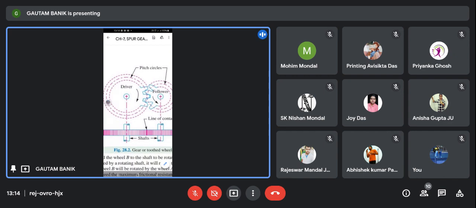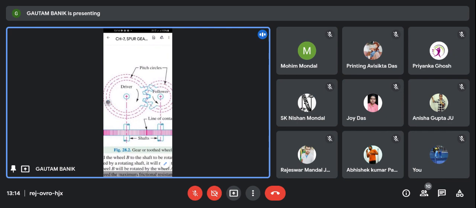That depends on the mounting position of the gears, whether the weight is less or increased.